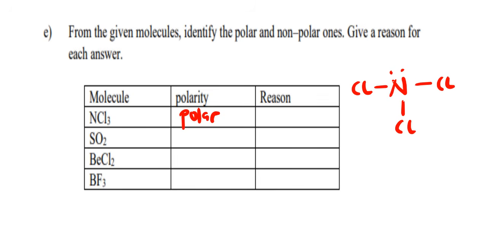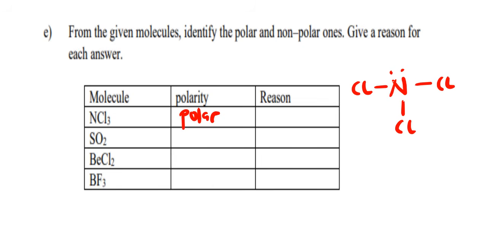Now what about sulfur dioxide? So sulfur dioxide, if this is our oxygen, and in terms of lone pairs, how is our sulfur dioxide going to be? So we know that sulfur dioxide, because of the nature of the way it is, the oxygen atoms themselves, oxygen is just more electronegative than sulfur.